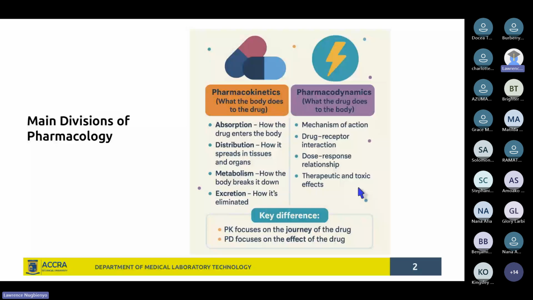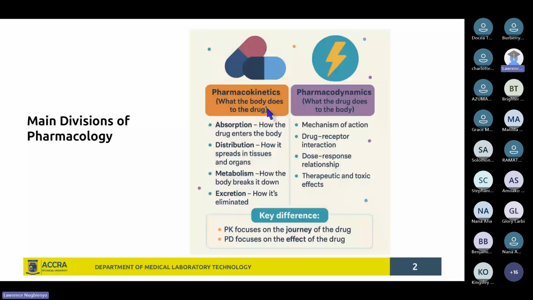So generally, that is what you find when you buy any medicine and you open it, you look inside the leaflet, you see that mainly the things which are written there are divided into these two major parts, pharmacokinetics and pharmacodynamics.